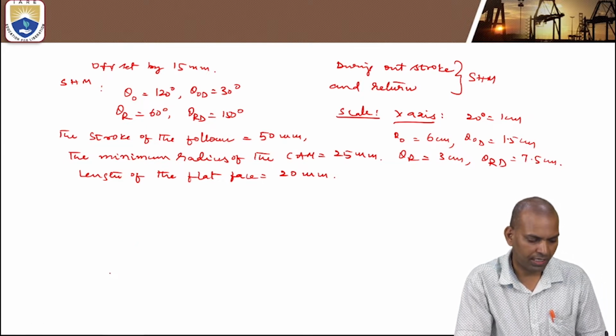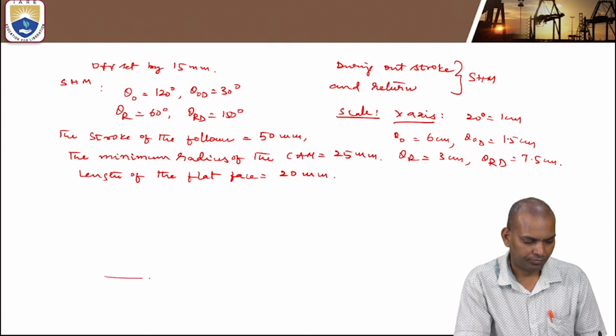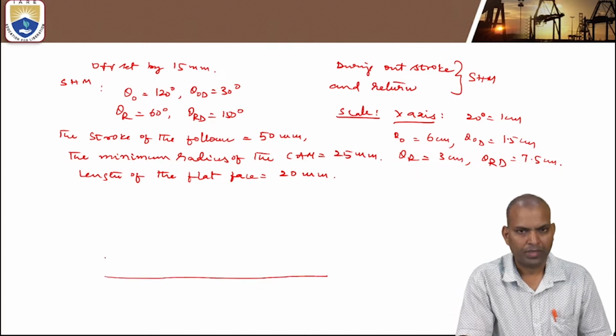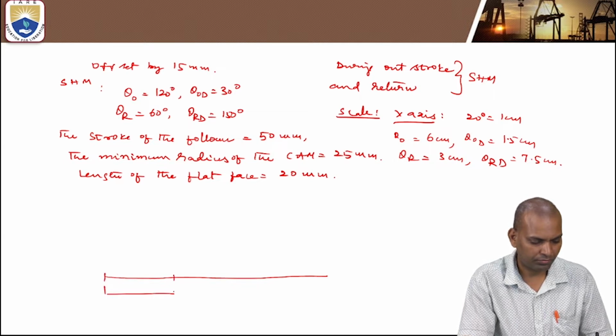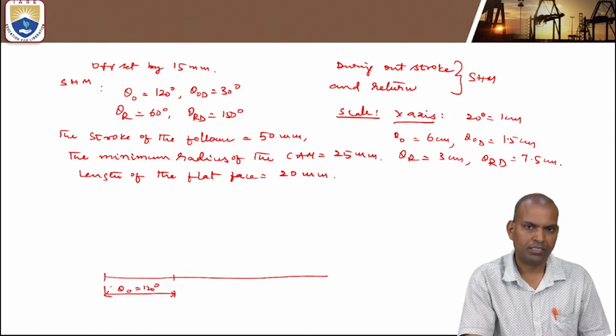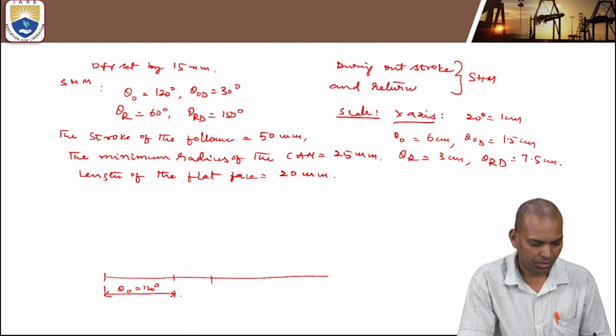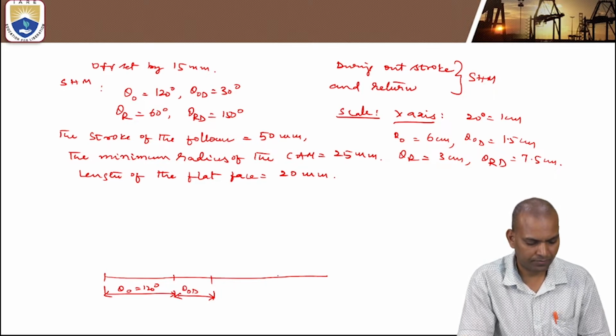So in total, we have to draw with this. Draw a horizontal line, and that is the length of outstroke. The length of outstroke is how much? That is 120 degrees, and 120 degrees means 6 centimeters. Then theta outstroke dwell, that is 30 degrees.